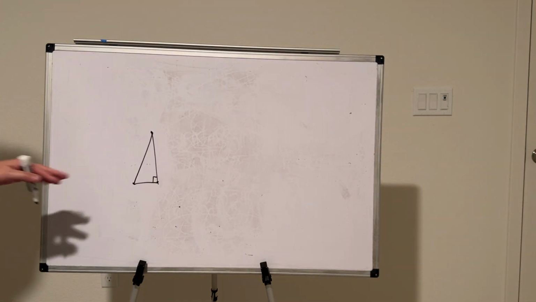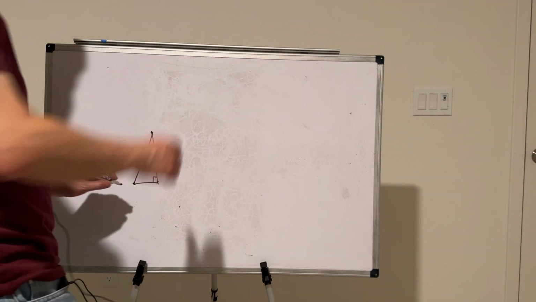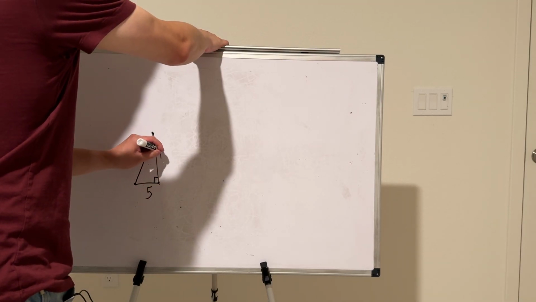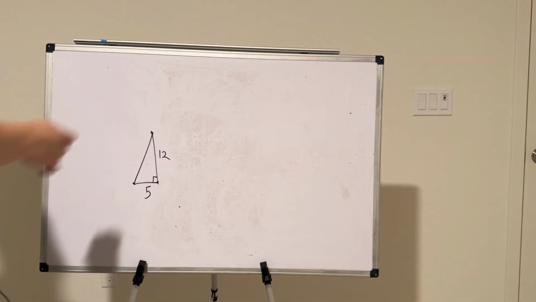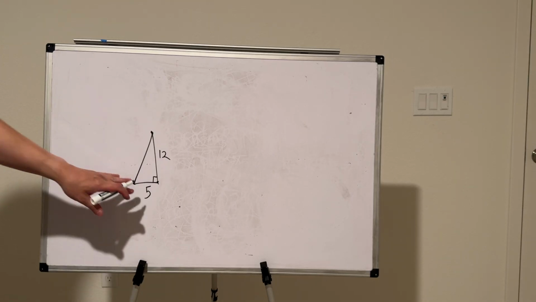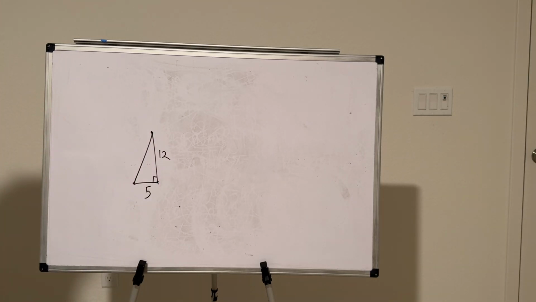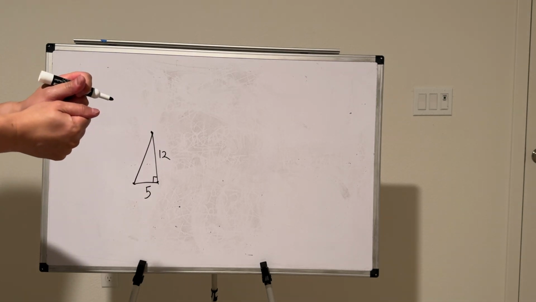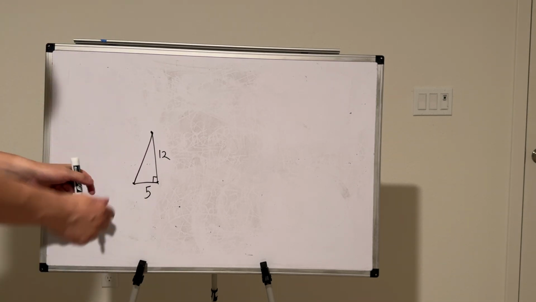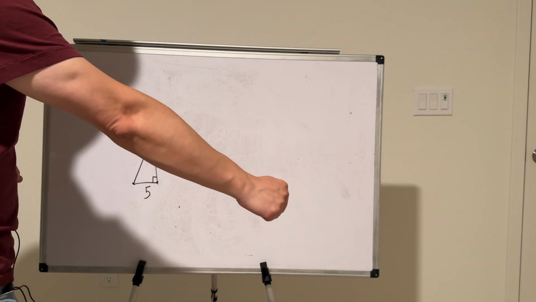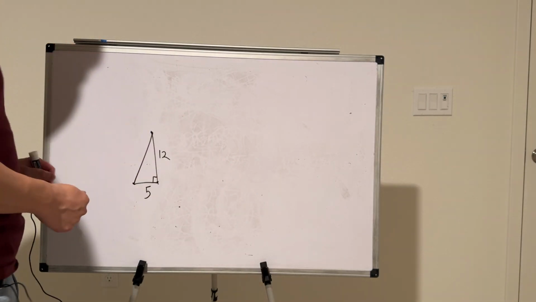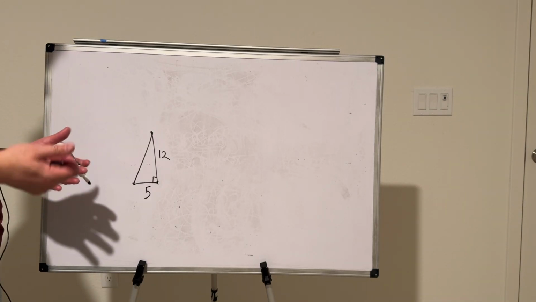And it just so happens that it is a right triangle, and the legs, or the two sides of my triangle, are 5 and 12. I want to make this triangle bigger, but I don't want to make just one side bigger, because if I make just one side bigger, it's not going to look the same.